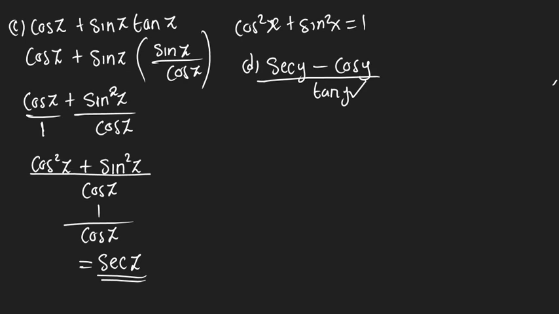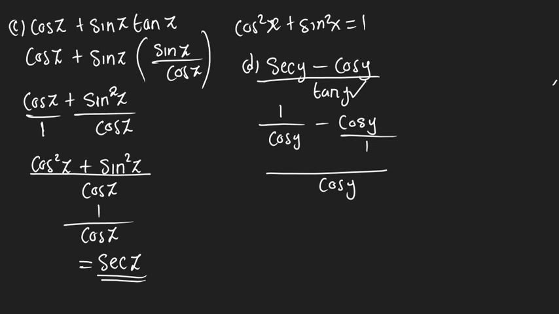So I know that secant y is actually 1 over cosine y, then minus cosine y. So that is a very good example of doing the right thing, but not really knowing where the equation is going. Then from there, I can find the common denominator, which is going to be cosine y. Then it's 1 minus cosine y multiplied by cosine y, which is going to be cosine squared y, right?